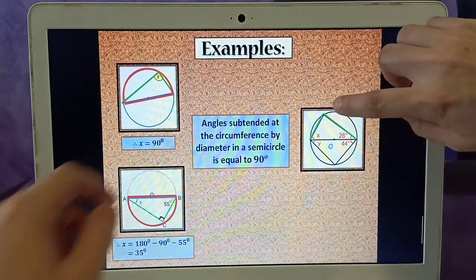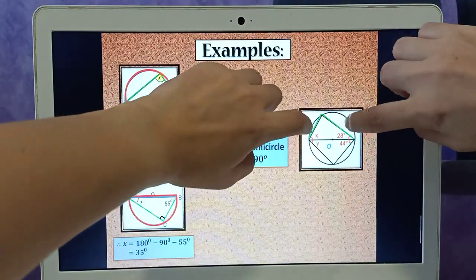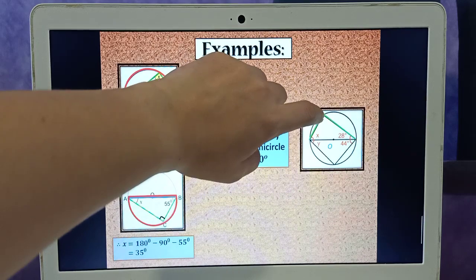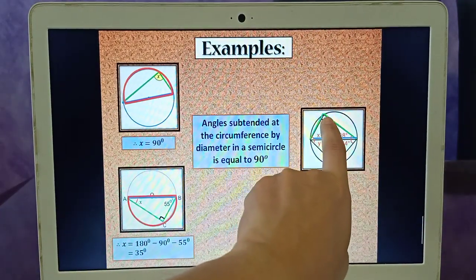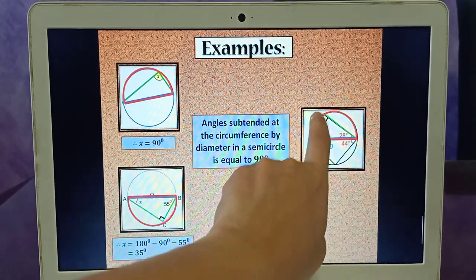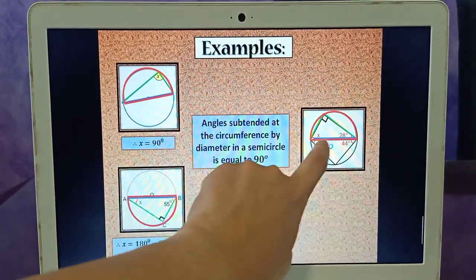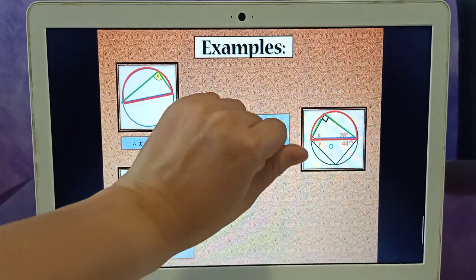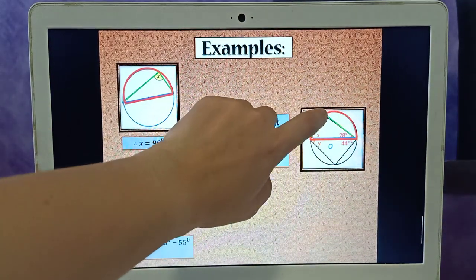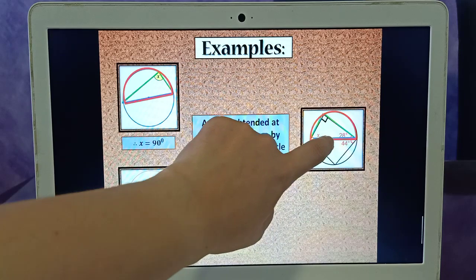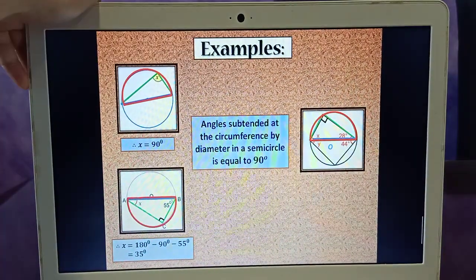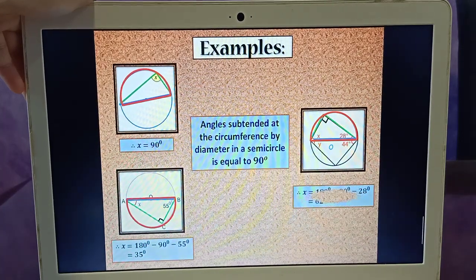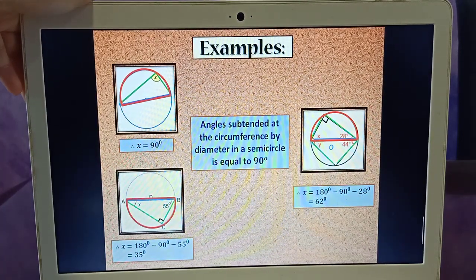This angle is the angle subtended at the circumference by the diameter, and it is 90 degrees because it is in a semicircle. It must be subtended by a diameter in a semicircle; only then do we say it is 90 degrees. So to find x, you use 180 minus 90 minus 28, which is 62 degrees.